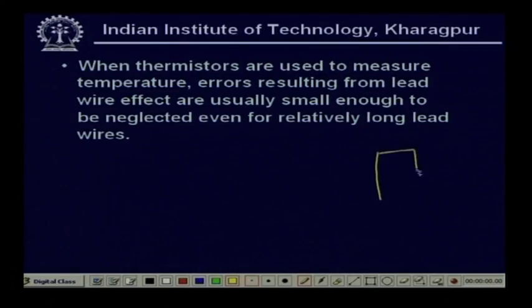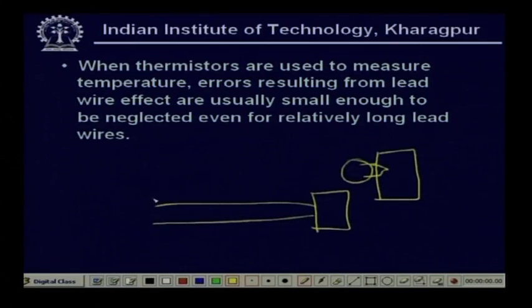Suppose I have a furnace here. You cannot put the meter very near to the furnace, so you have to take out the wires, and here we have the meter.